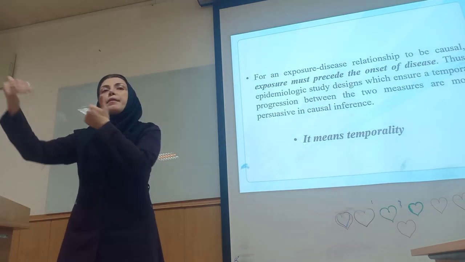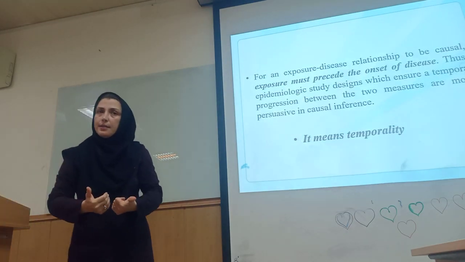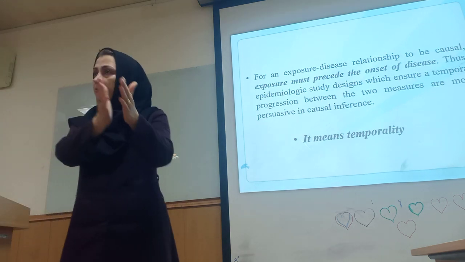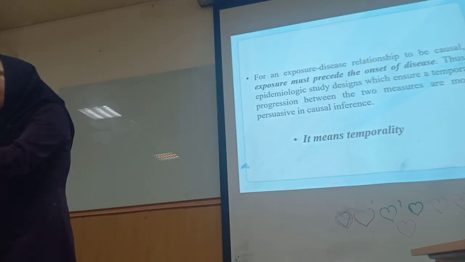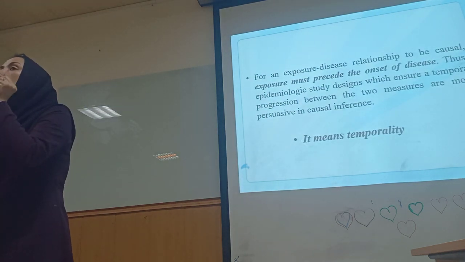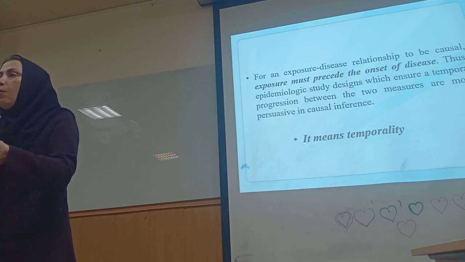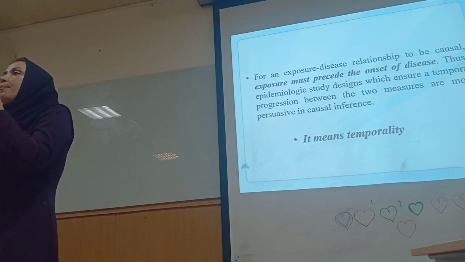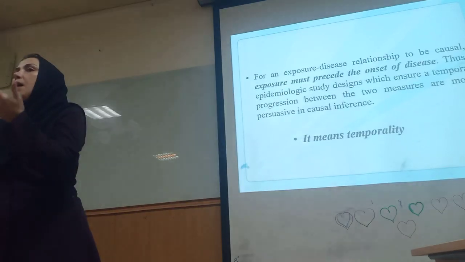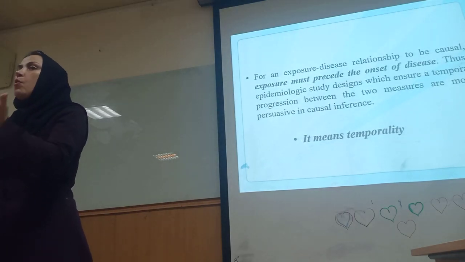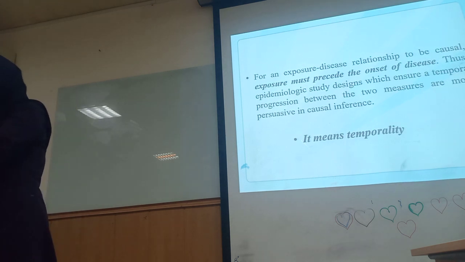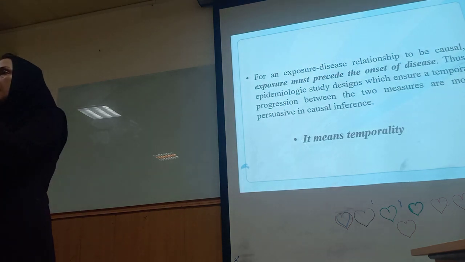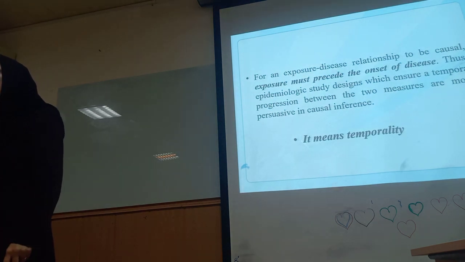Some of them are smokers, some of them are not, and we will follow them, for example, for 5 years. After 5 years, we test them again and find who are diabetic right now based on the beginning status regarding their smoking. We have 2 groups, smokers and non-smokers, who are healthy at the beginning of the study.